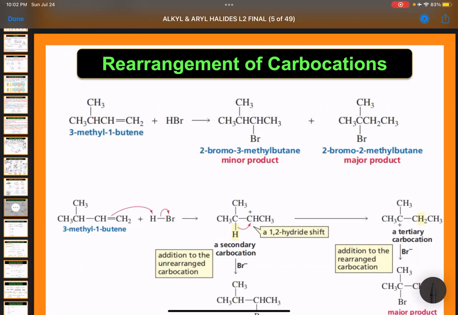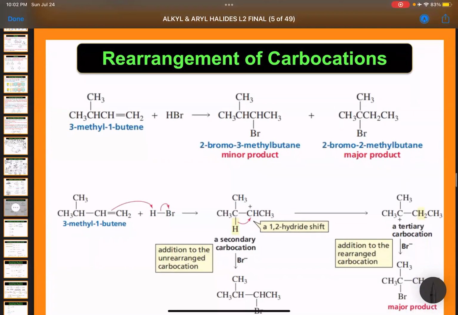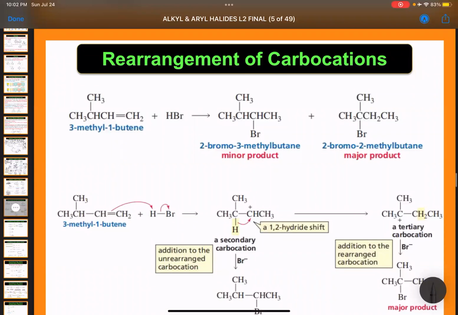But my dear students, if the carbocation can become more stable by moving onto an adjacent carbon atom, then it will get shifted to the adjacent carbon atom. But the shift is going to happen only if it is becoming more stable. Otherwise, we are going to leave the carbocation untouched.